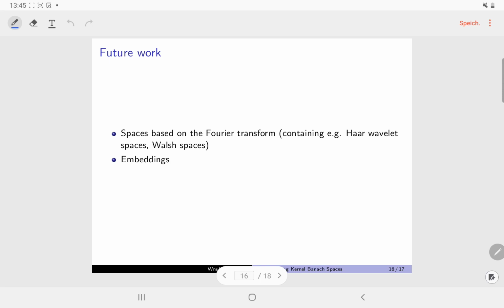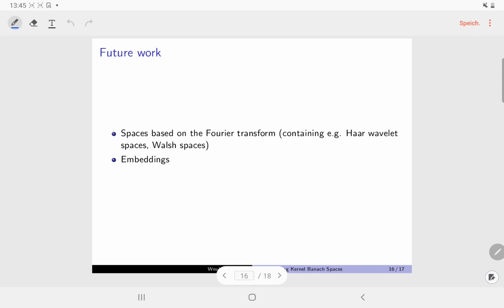Okay, so this is basically everything I wanted to talk today about. A few things about the ongoing work. So the first and the most important thing is taking a look at a different scale of functions.